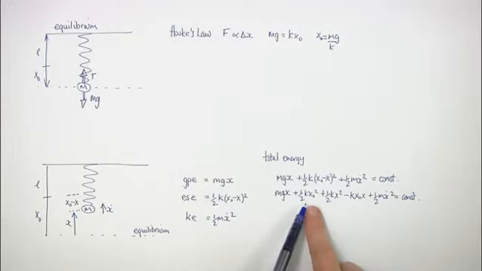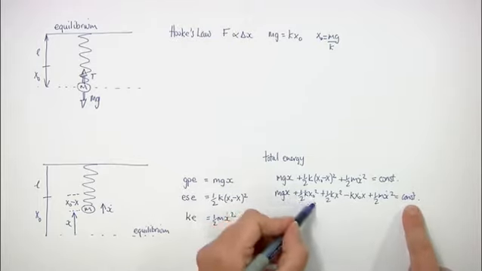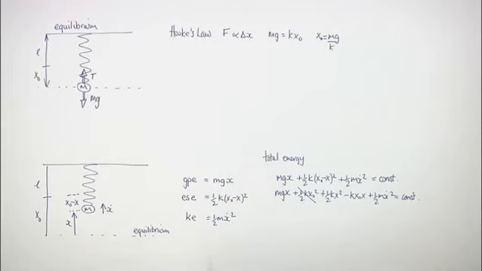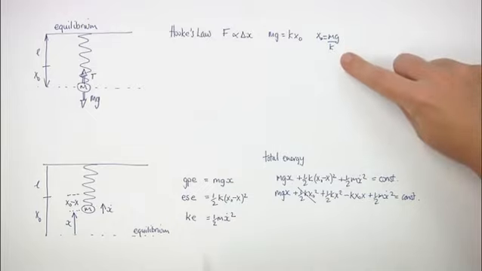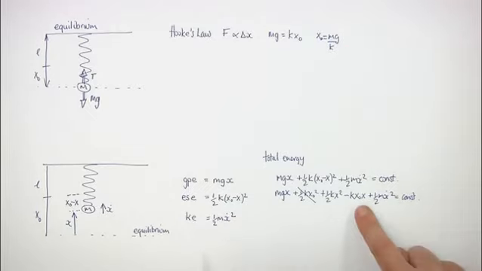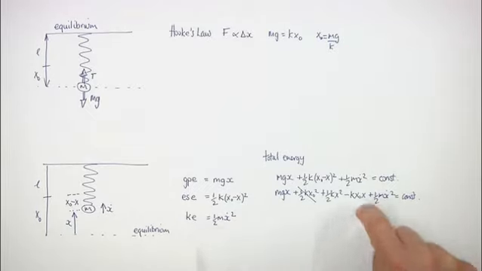This term is a constant, so we can absorb it without loss of generality into here. We've also got an expression for x0, which is mg over k, so we can substitute this in as well.